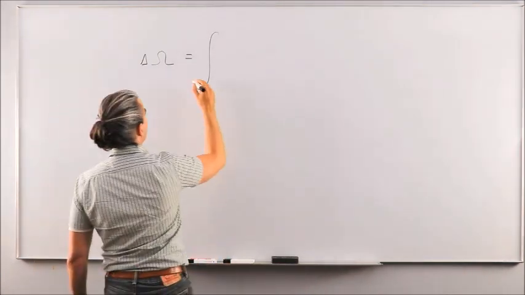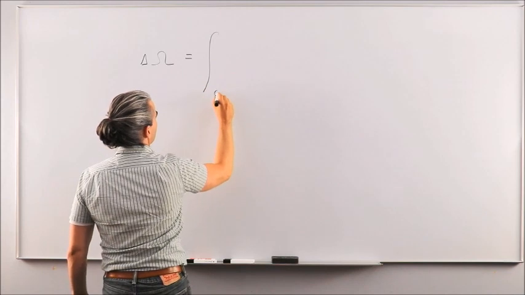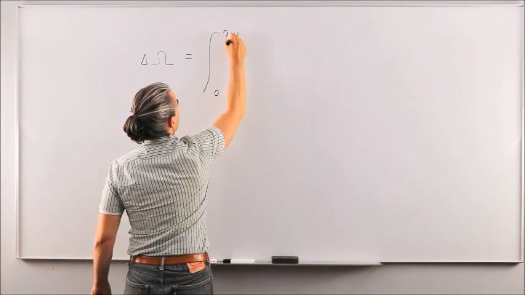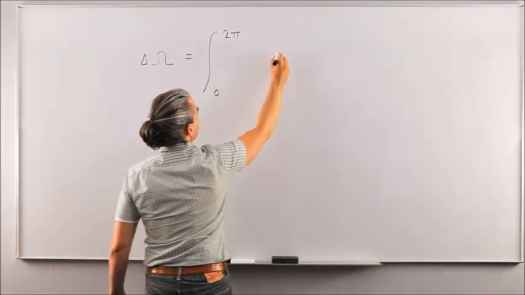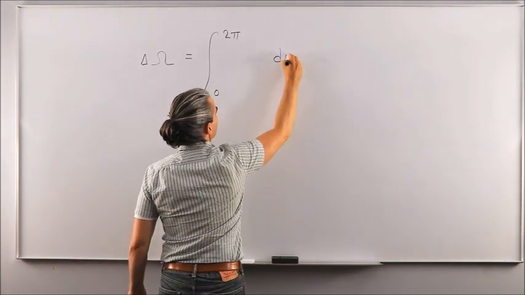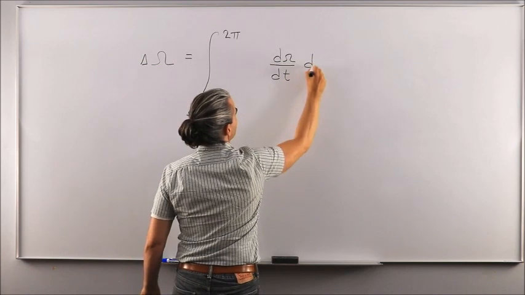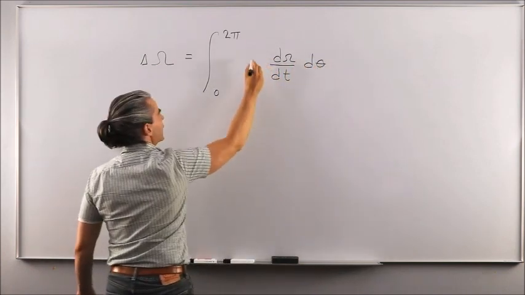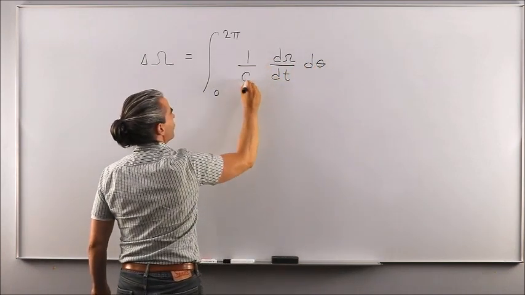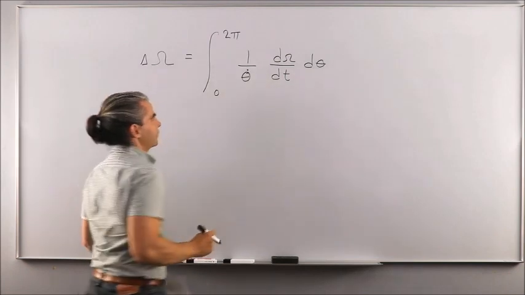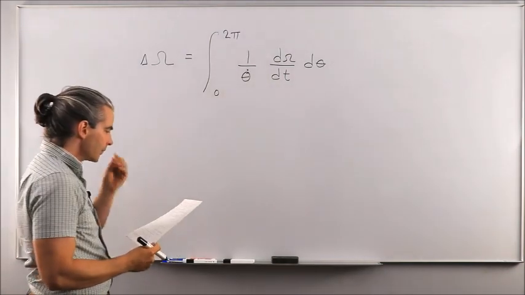So we're going to write the integral from 0 to 2 pi of d RAAN dt d theta. But to do that, we need to use the 1 over theta dot term in front of everything.